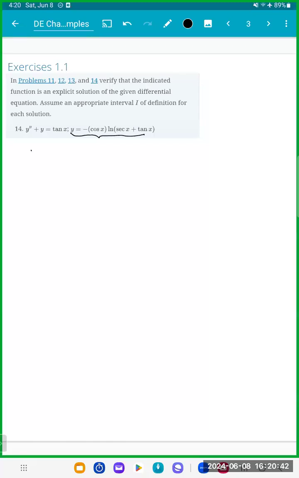And so we have dy/dx of our function. So that's cosine of x ln of the secant x plus the tangent of x. Okay.